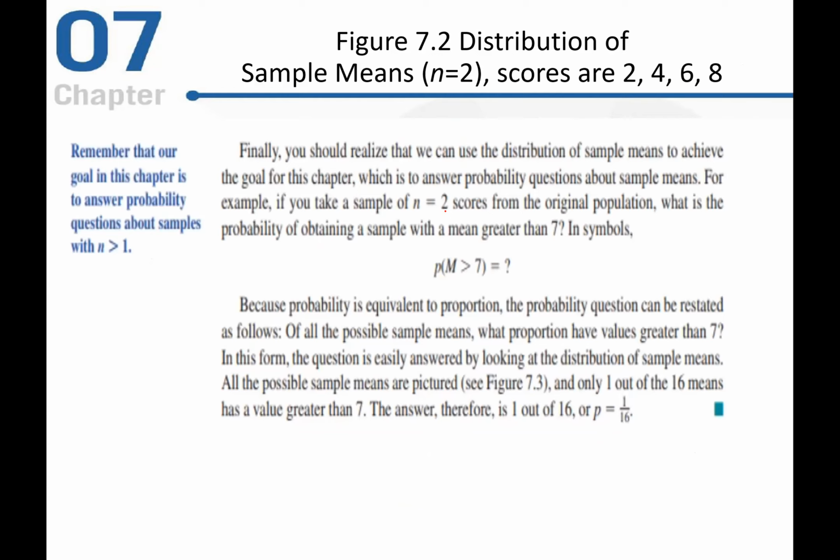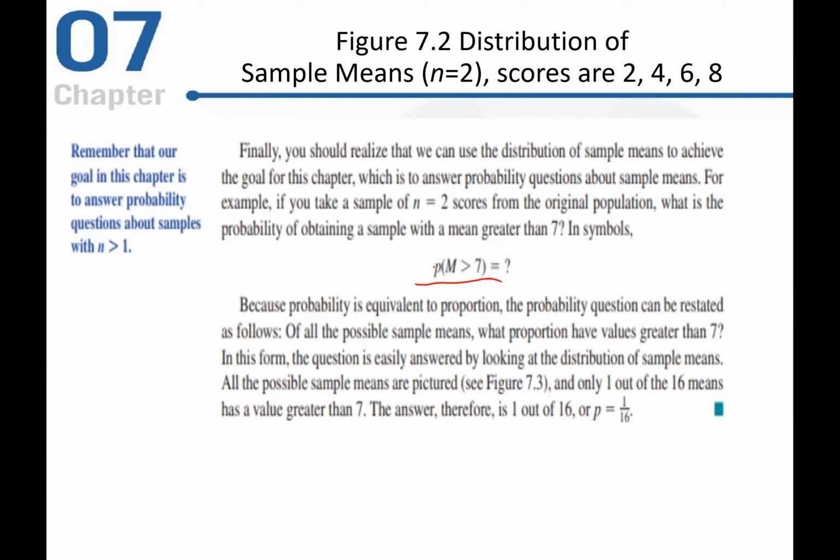For example, if you take a sample of 2 scores from the original population, what is the probability of obtaining a sample mean that is greater than 7? Written out, we have probability, and in parentheses, the event, which is a sample mean that is greater than 7.